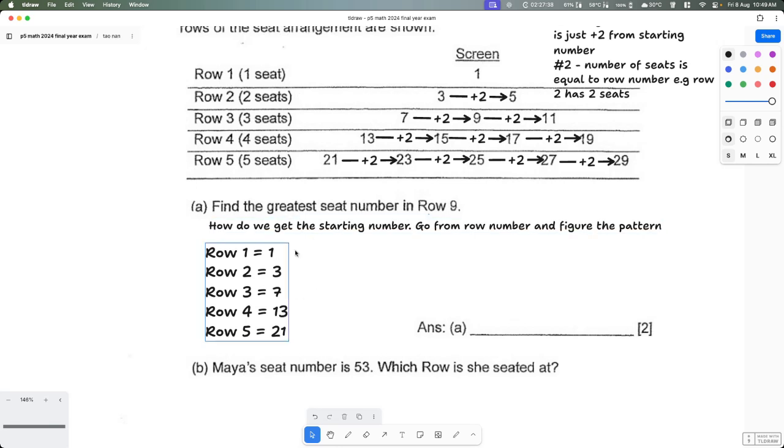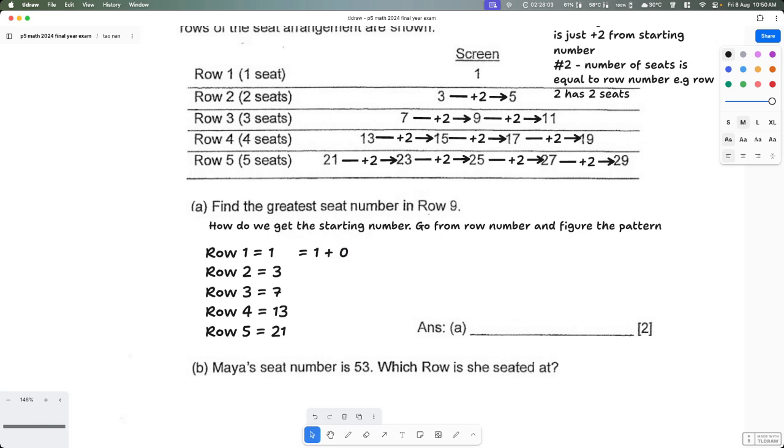So in essence, if we were to minus, sadly this is not minus. I will just put an equal sign here. Let's start from row 1. Row 1 is just 1 plus 0. Let's start simple.